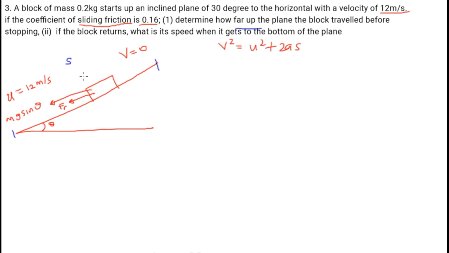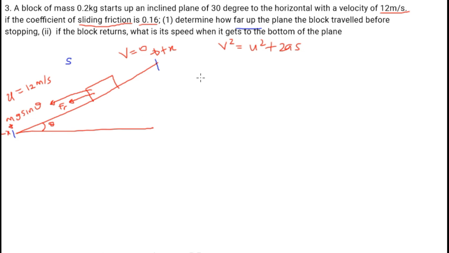We want to make use of it as a vector equation where this side of the inclined plane is the positive x-axis, and this side of the plane is the negative x-axis.